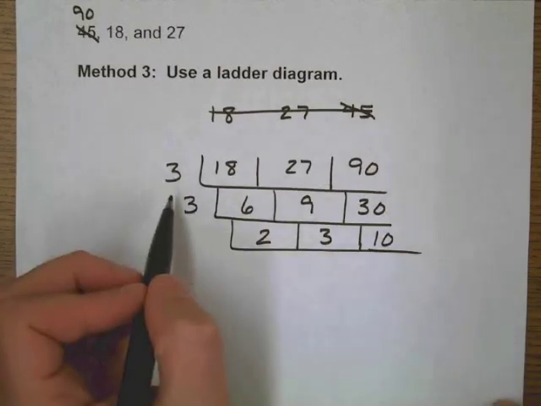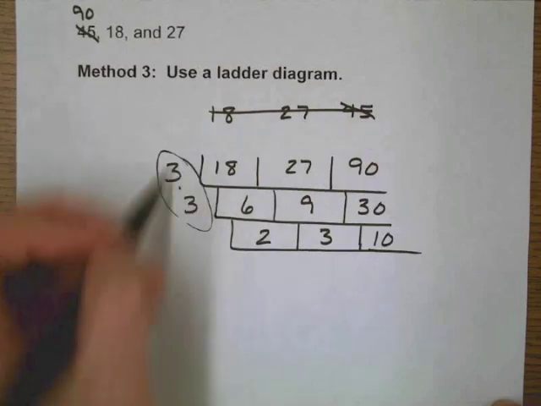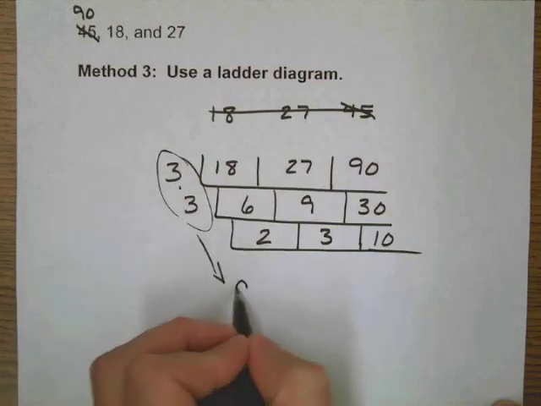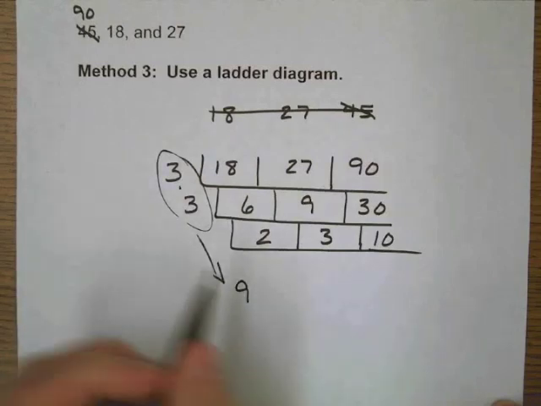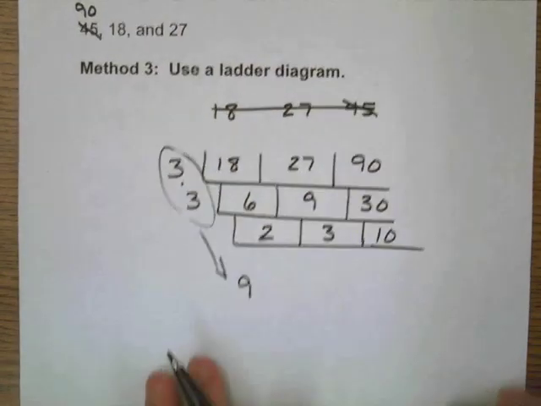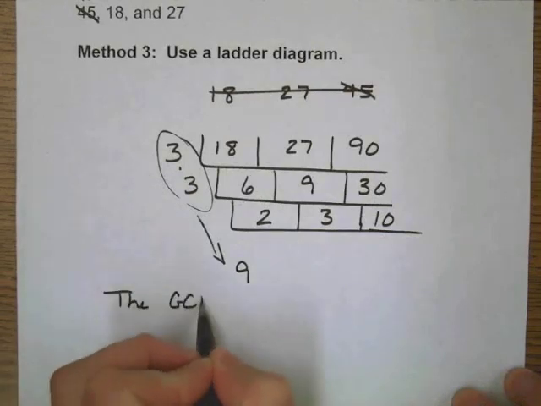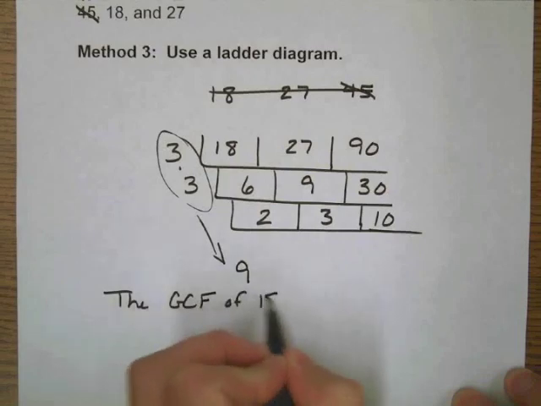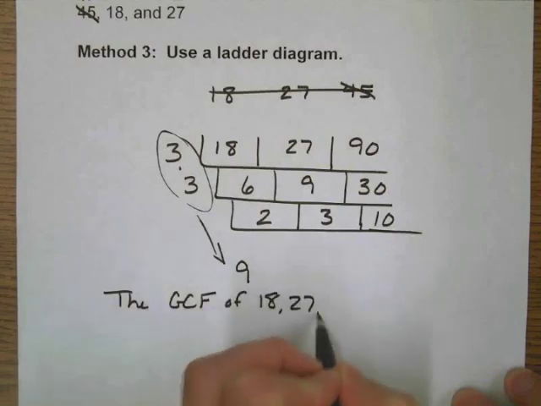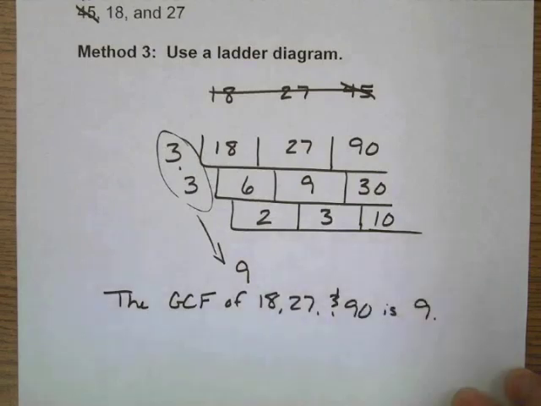So let's look at the factors that I do have. I have a 3 and a 3. If I multiply those together, I end up with 9, and that is the greatest common factor of 18, 27, and 90. So I can say the GCF of 18, 27, and 90 is 9.